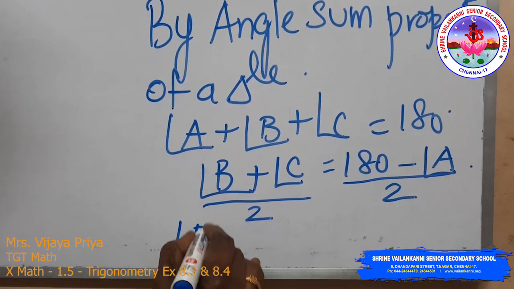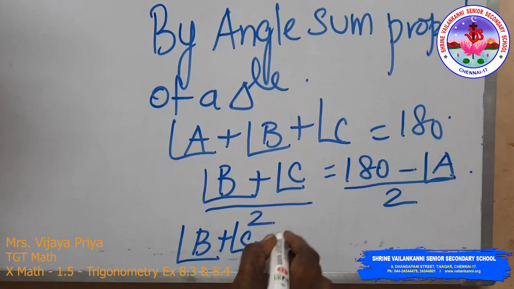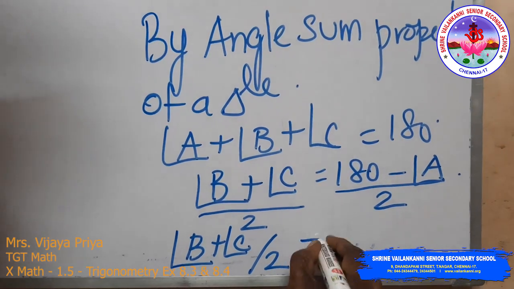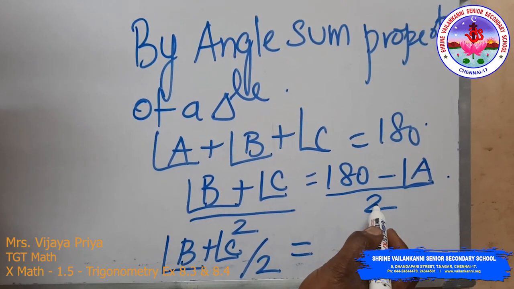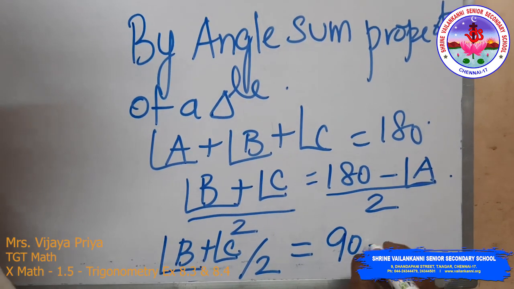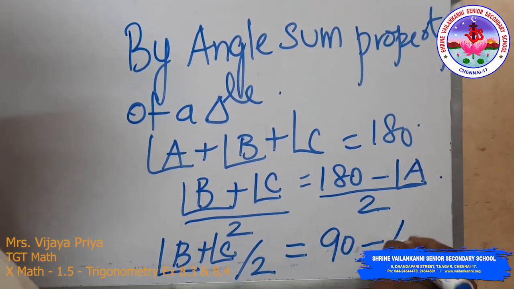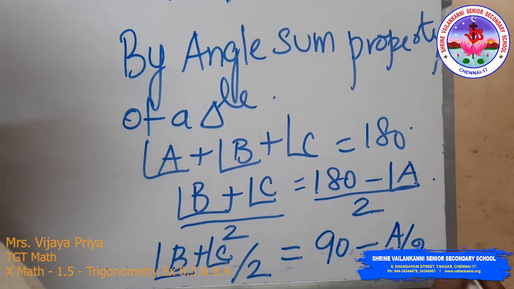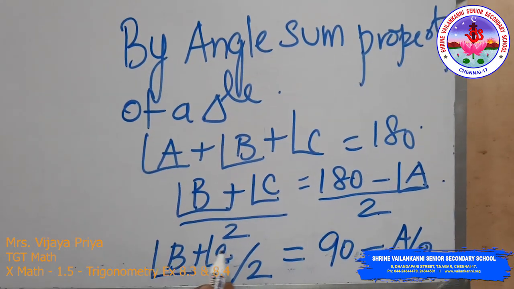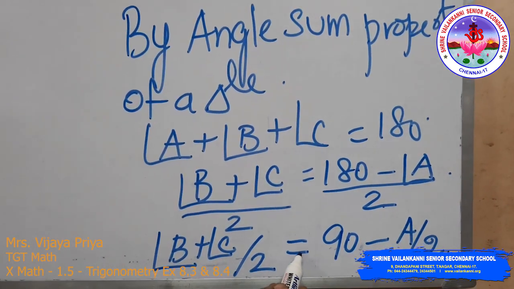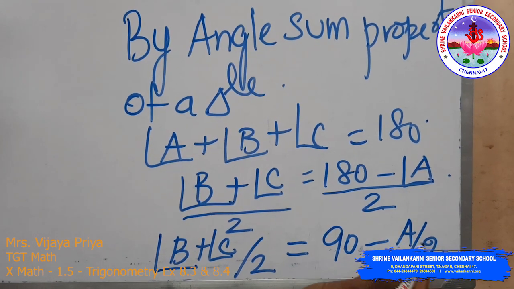So angle B plus angle C divided by 2 is equal to 180 by 2, which becomes 90, minus angle A by 2. So, (B plus C) by 2 is equal to 90 minus A by 2.